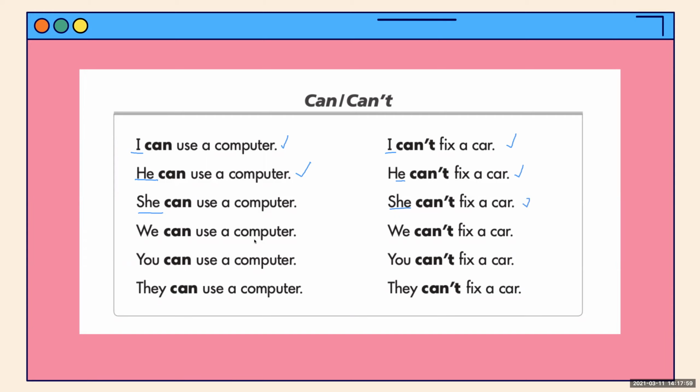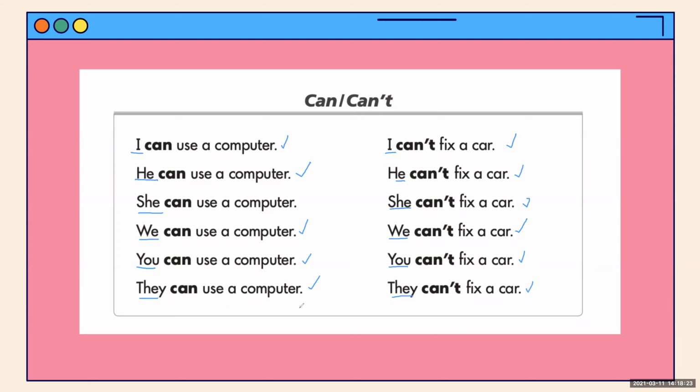We can use a computer. We can't fix a car. You can use a computer. You can't fix a car. They can use a computer. They can't fix a car.